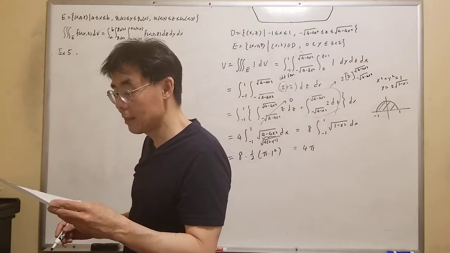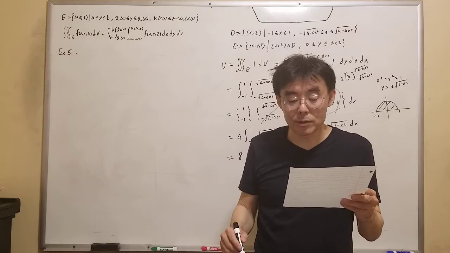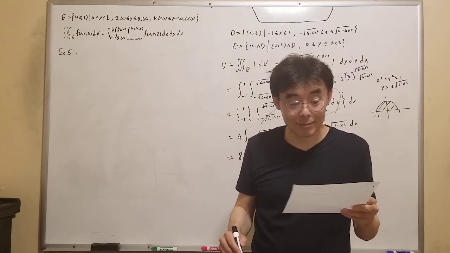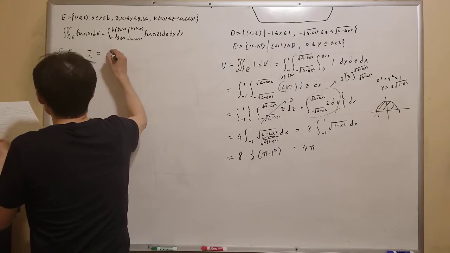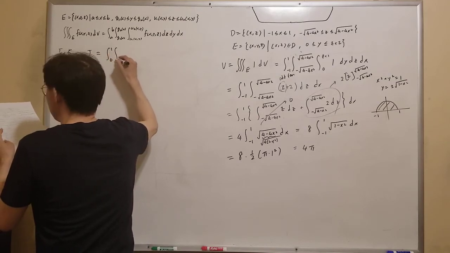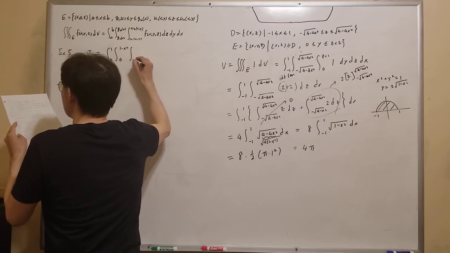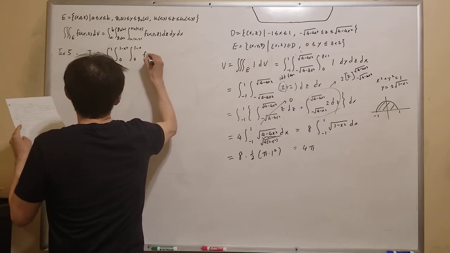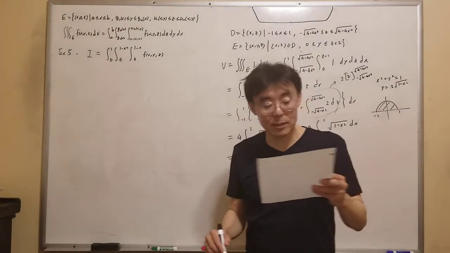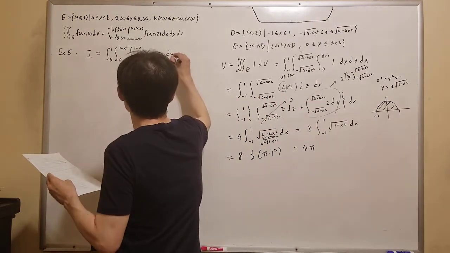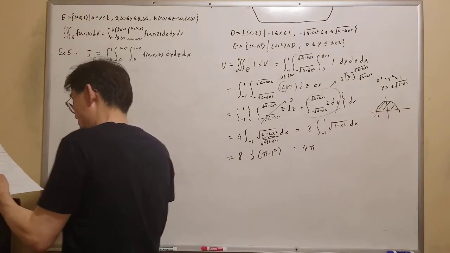Then rewrite the integral as an equivalent iterated integral as a type 1 solid. Okay? So your iterated integral is given this way, 0 to 1, 0 to 1 minus x, of some function. They didn't tell you what f of x, y, z is. Now they ask you to write it as what?